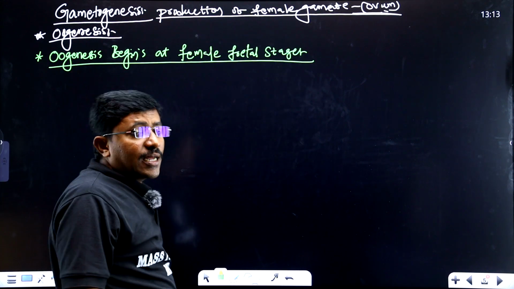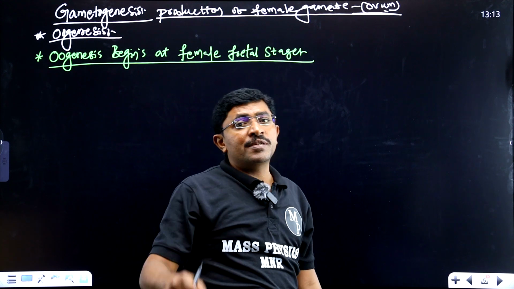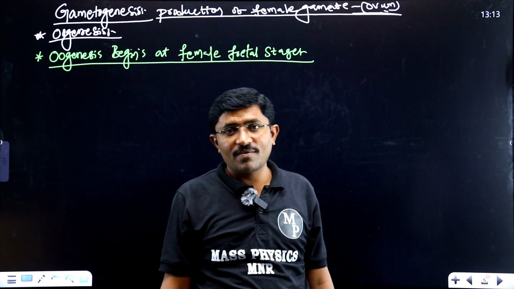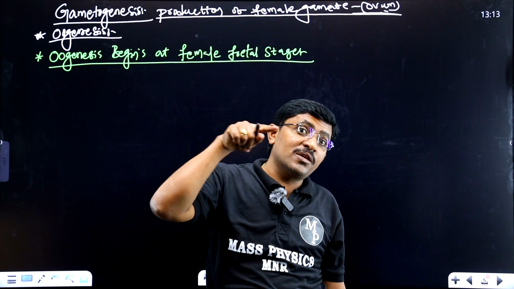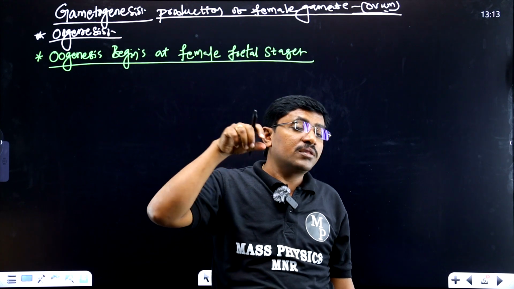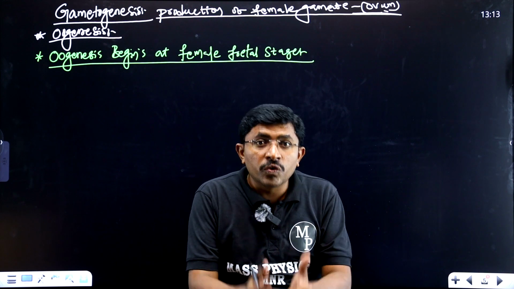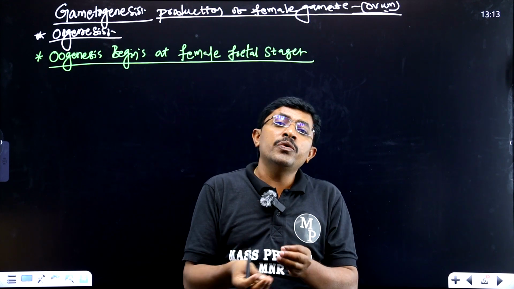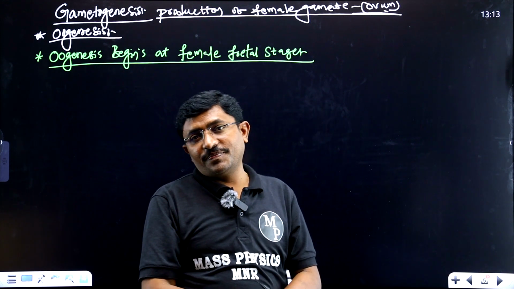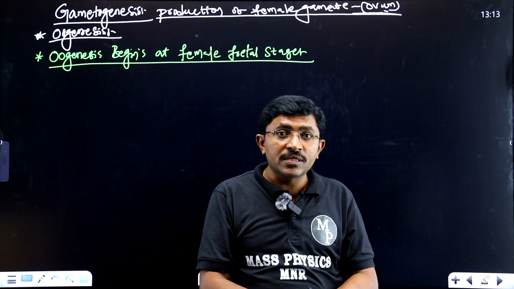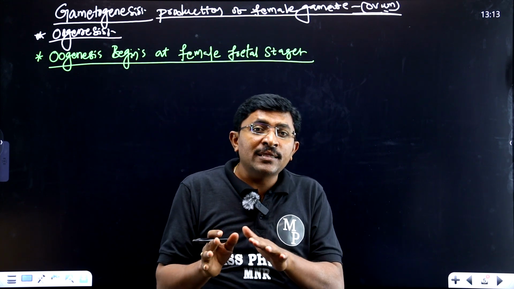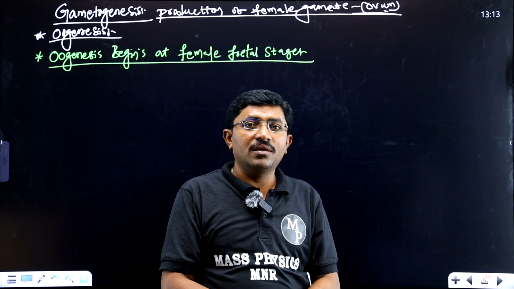Generally for oogenesis the gonadotrophins are essential, and in spermatogenesis too the gonadotrophins are essential. The body's own gonadotrophins are produced only at puberty age.